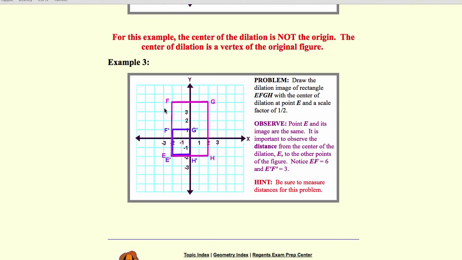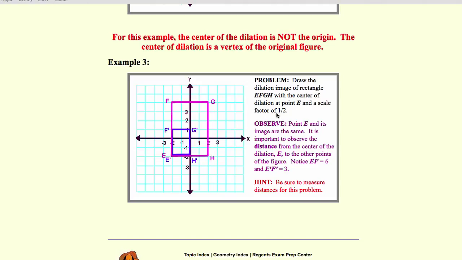Now this example here shows you a dilation where the center is not the origin. Okay, they're letting point E be the center. Now if they let a point on the figure be the center, you don't need to move it. All right.